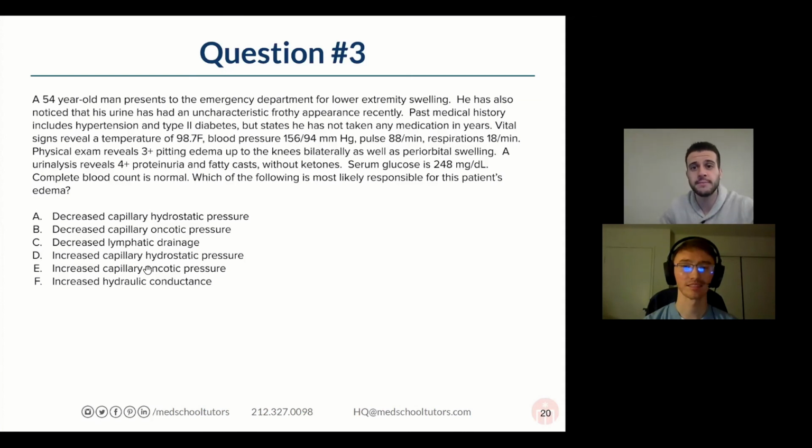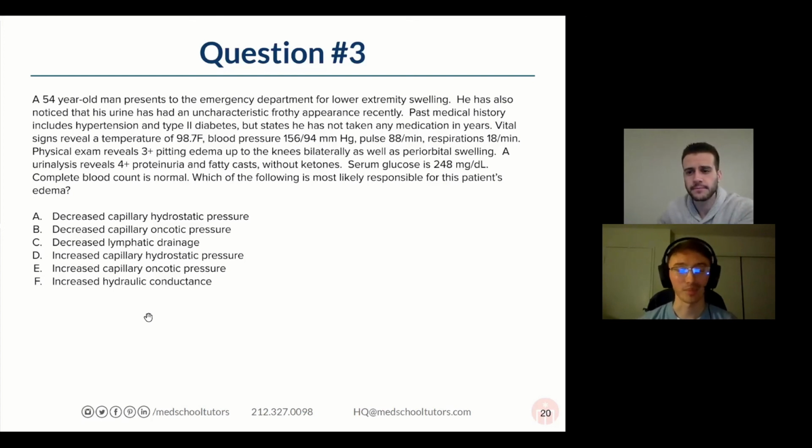That also would cause edema, but that would happen for a different reason, not for the oncotic pressure, the protein-losing process that's happening in the kidney. And then you're not having increased oncotic pressure for the reasons we discussed, and hydraulic conductance is a bit of a distractor here. Alec, anything else you want to add for this?